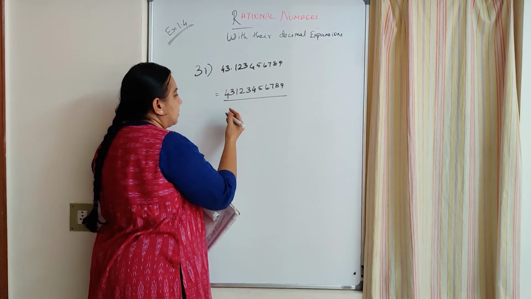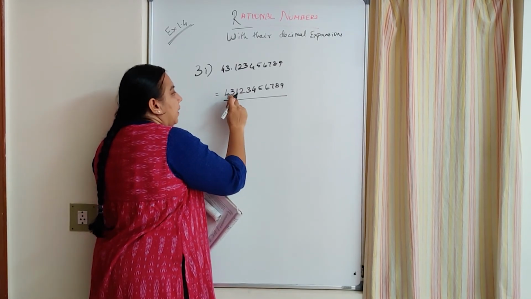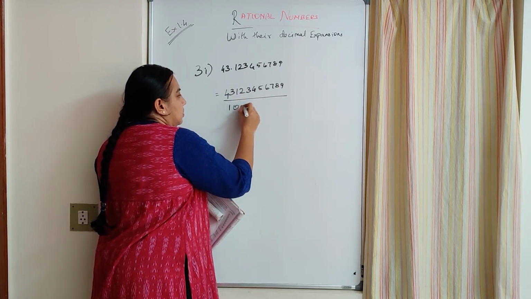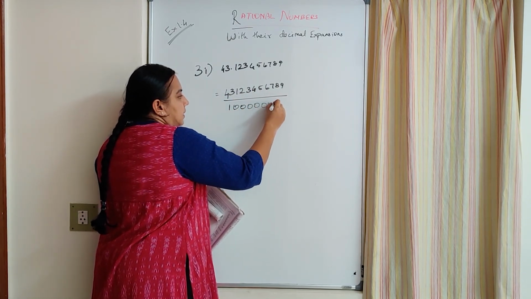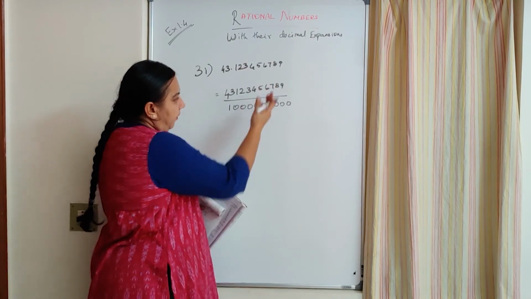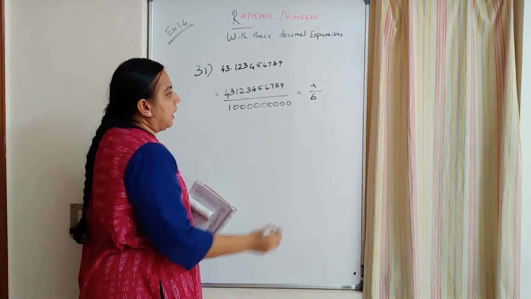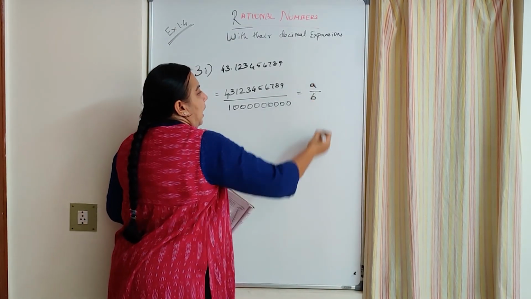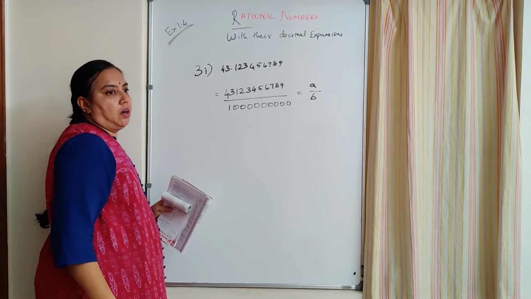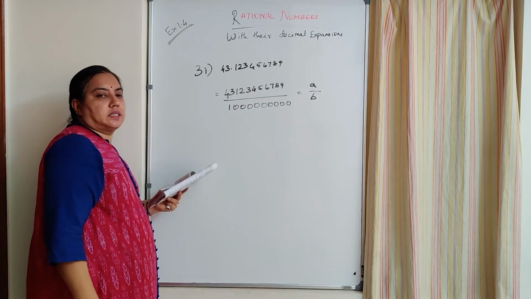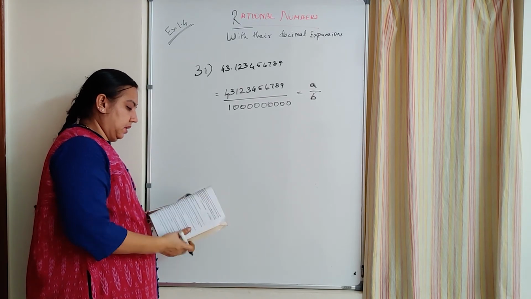I remove the point, put a 1, and add zeros for the number of digits after the point. How many digits were there? 9 digits. So I have represented it in the form of A by B. If any number can be written as A by B, and the denominator is not equal to 0, automatically the number becomes a rational number. By that logic, this number is a rational number.